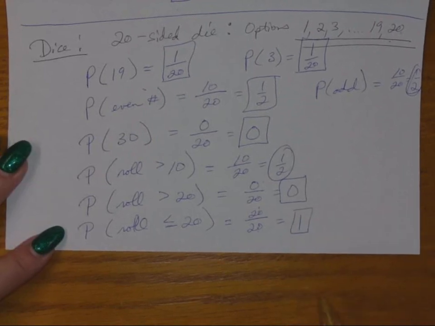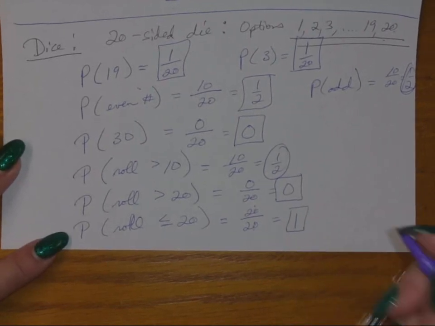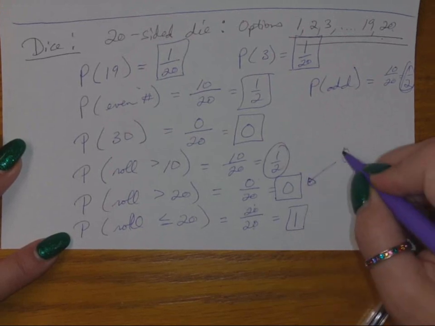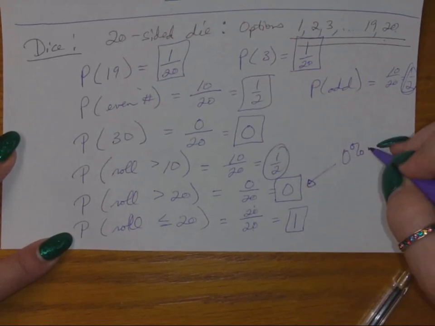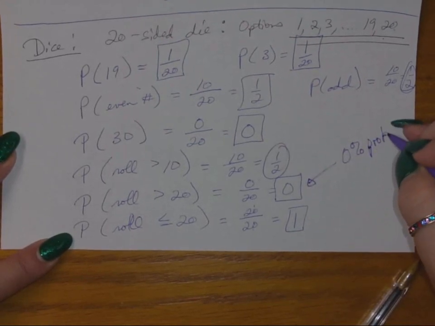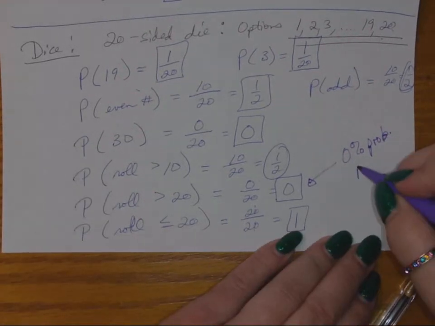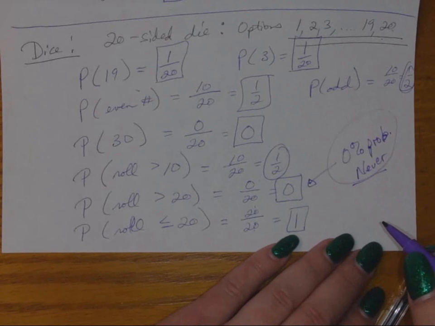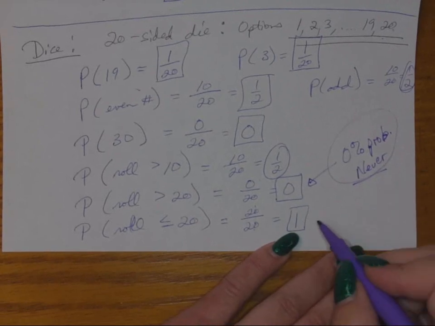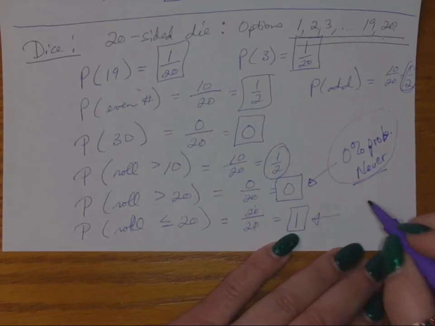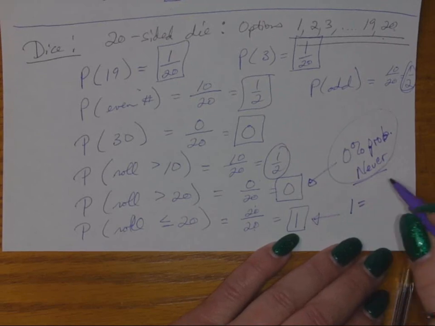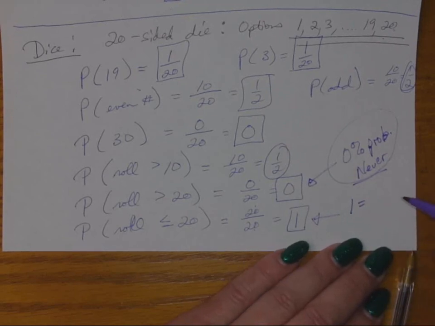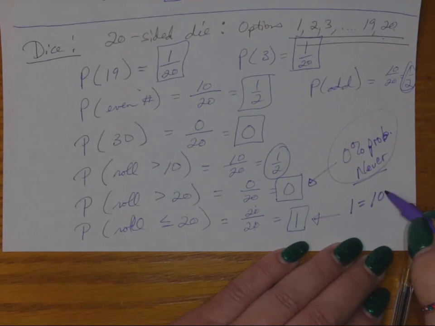Now let's think about that for a second. This one is a 0% probability, which means I am never going to roll that die and get something that's bigger than 20, right? But this one is a 1. Now remember, that's 1.00, and if I move that decimal over to get a percentage, that's a 100% probability.